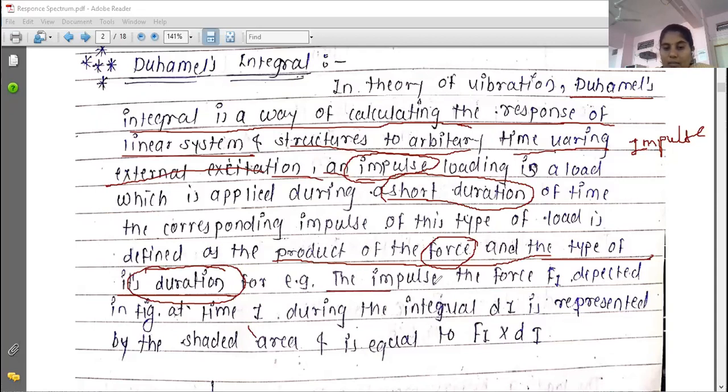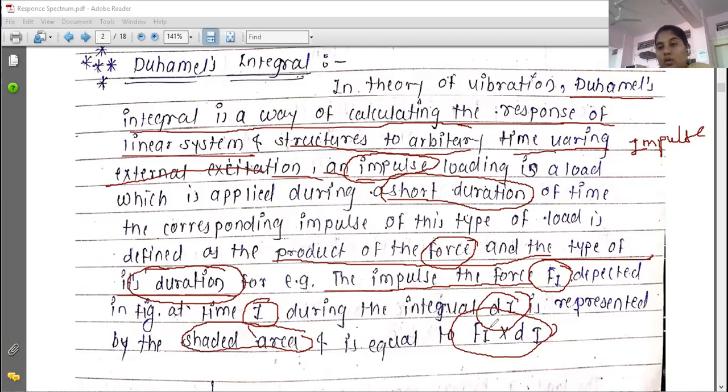You can see here that the impulse force, that is Fi, is defined in the figure. At time t, during the integral of dt, it is represented by the shaded area, and that area is equal to Fi into dt. Here t is the time, and during the integral dt it is represented by the shaded area, which is equal to Fi into dt.